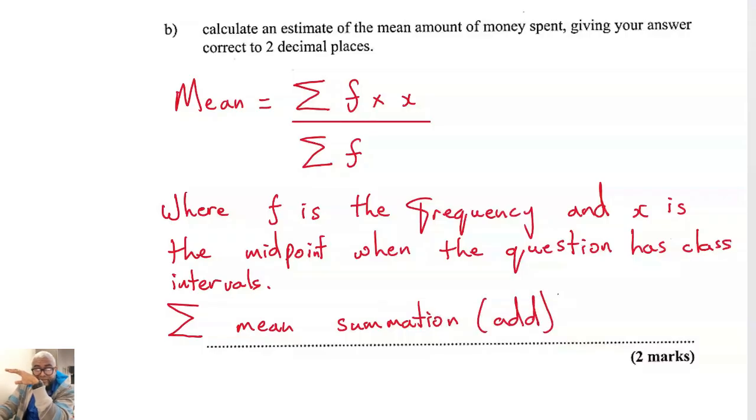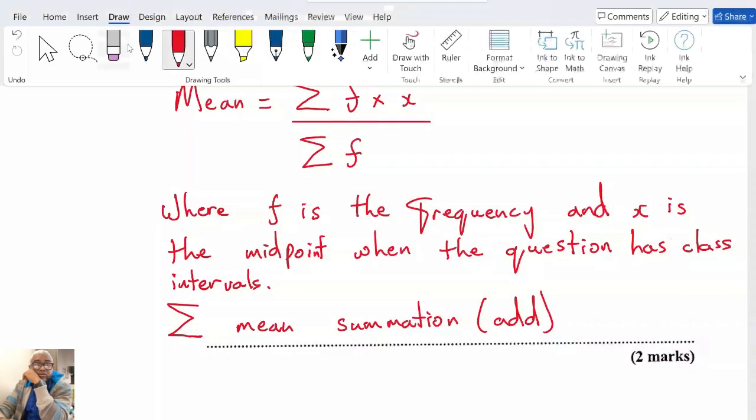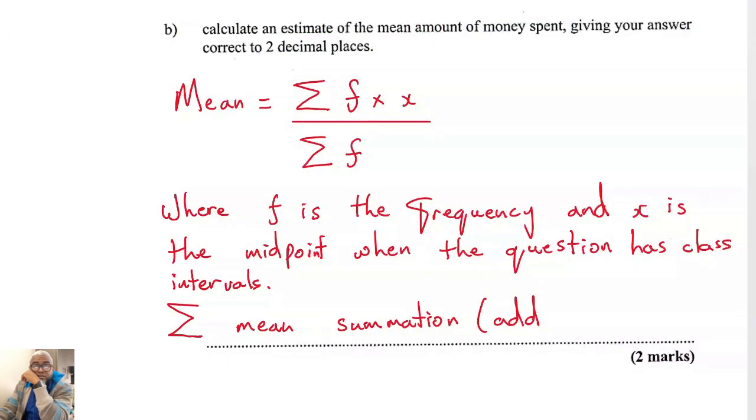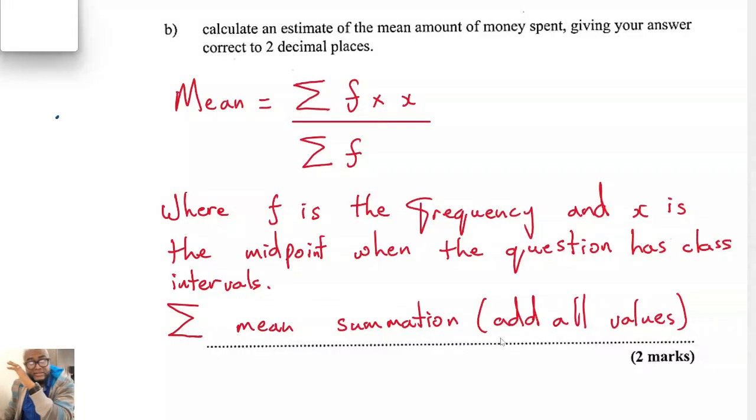Add. We need to add. Okay, add all values. I'll put add all values. We get it? I'm going to show you how easy this is. I don't mind looking a little fancy, it's easy.